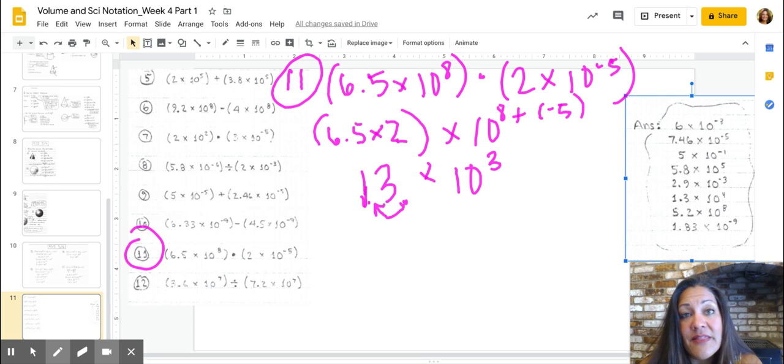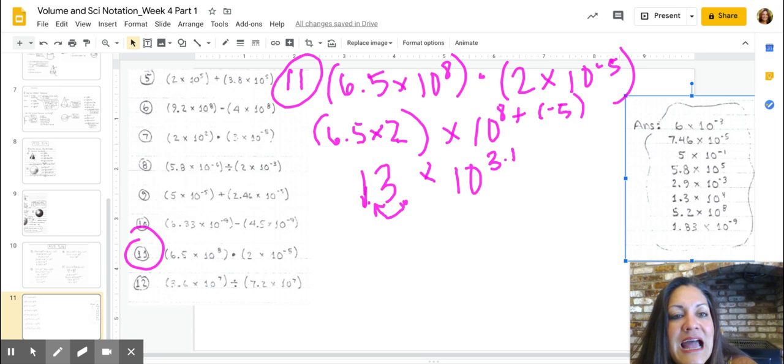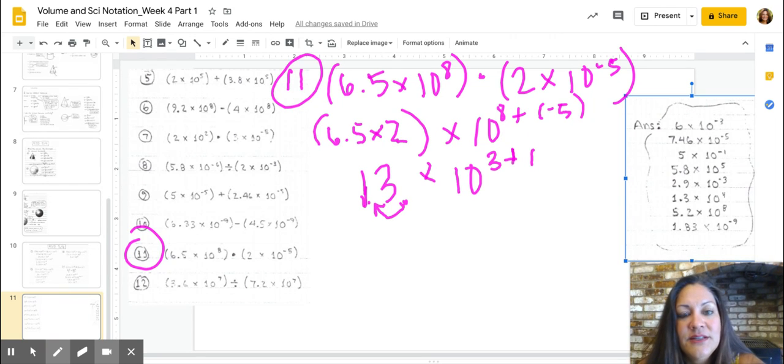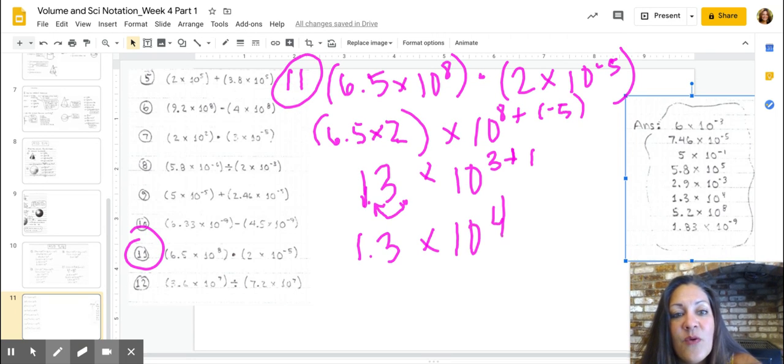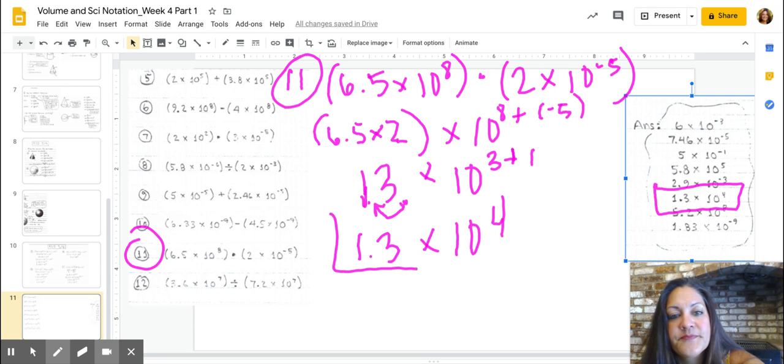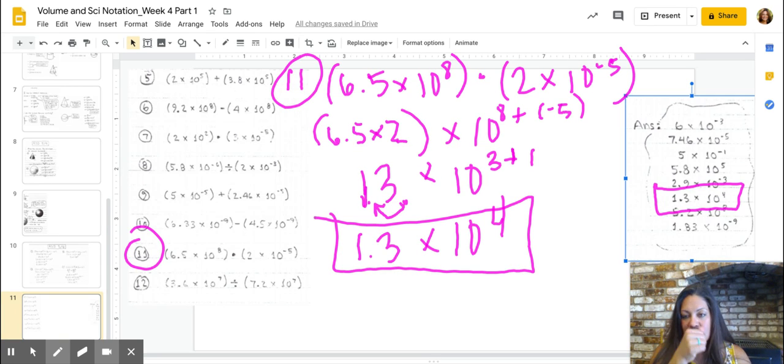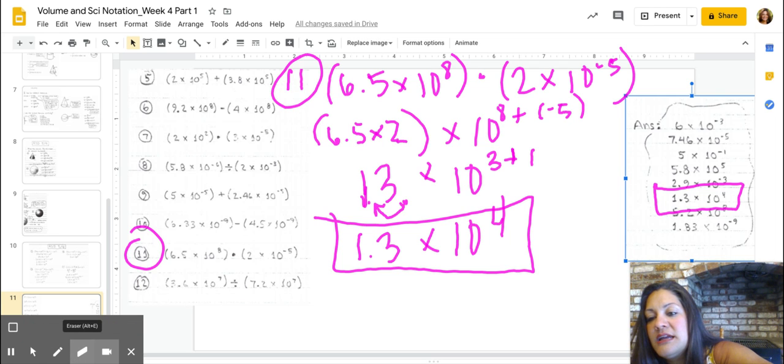And when I do that, that's another 10 to the 1st. So I'm simply going to add 1 right there. Okay, so that's going to give me 1.3 times 10 to the 4th. And there it is. Yay, we did it right. Okay, last one.